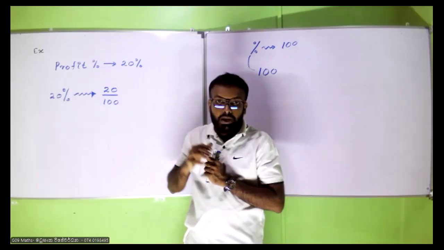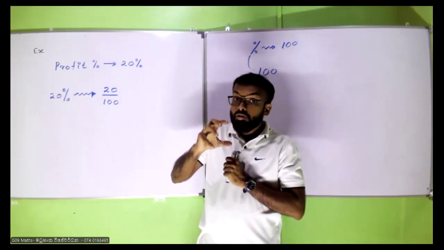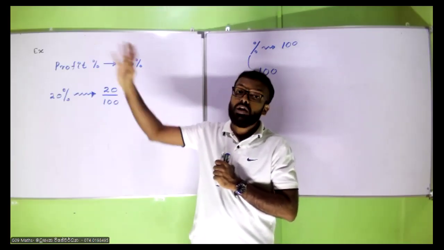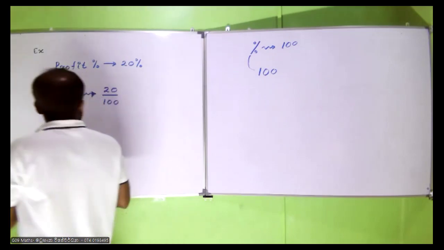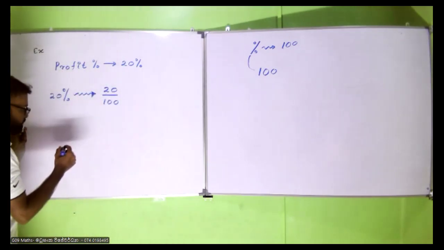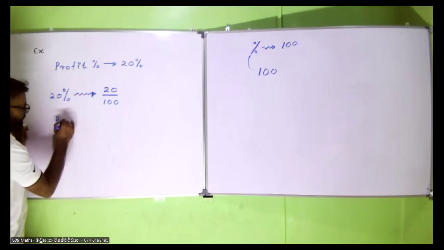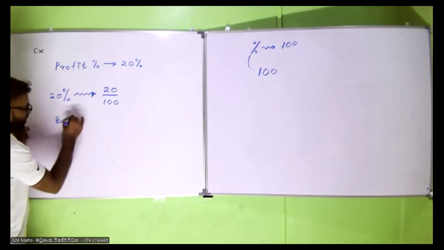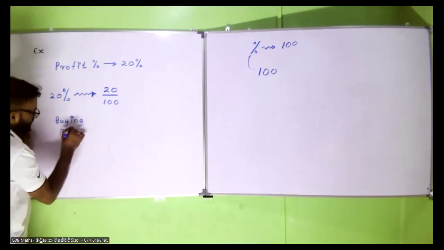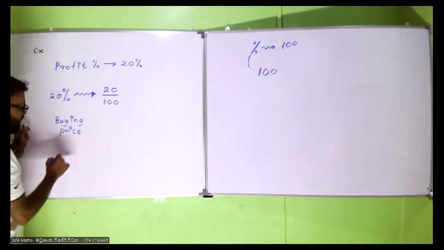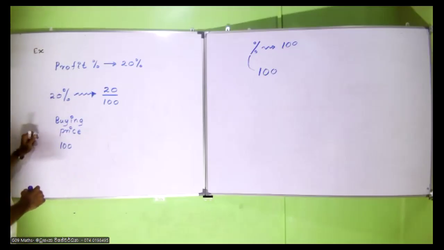So you have a pen and you bought it for 100 rupees. And you are going to sell it with a profit of 20 rupees. So it is something like this. Buying price, 100 rupees.